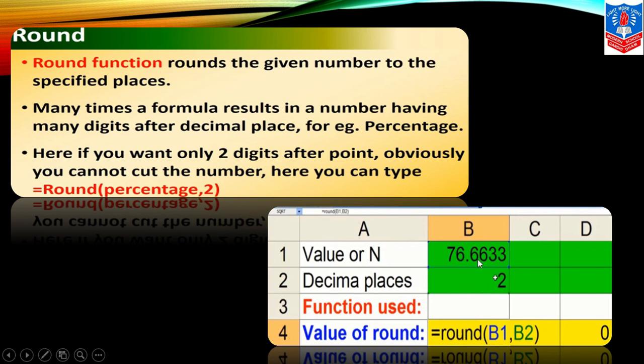B1 is the number which we have to round, and B2 is how many decimal places, how many digits we want after the decimal point. So that is 2. Okay, so that's why it is written =ROUND(B1, B2). The work will happen on B1, and B2 says up to where we need the digits after the decimal, that is 2.